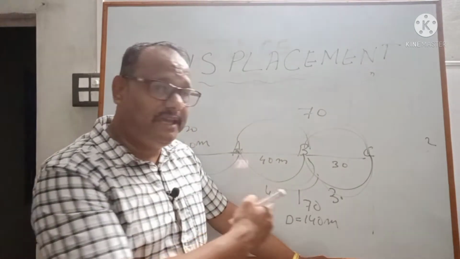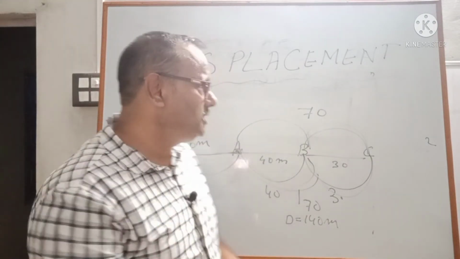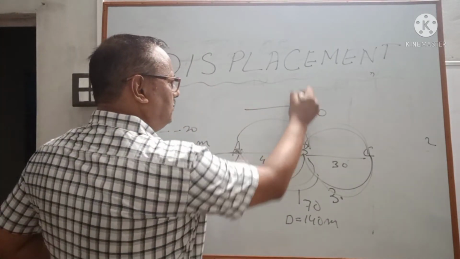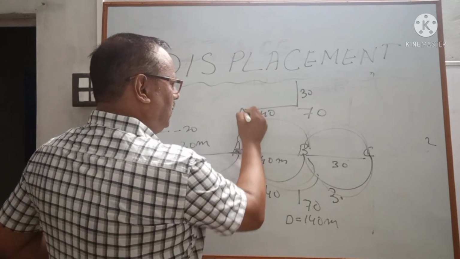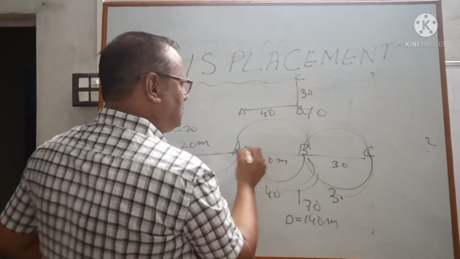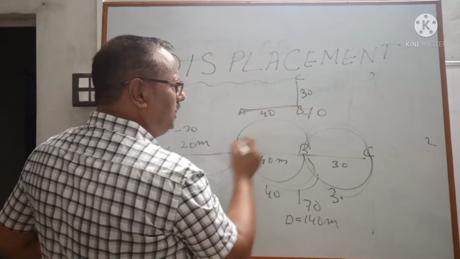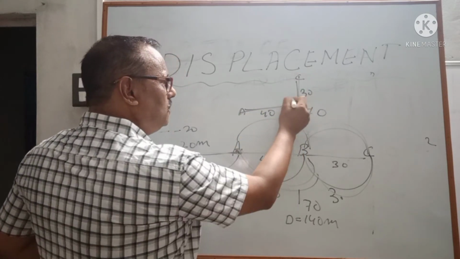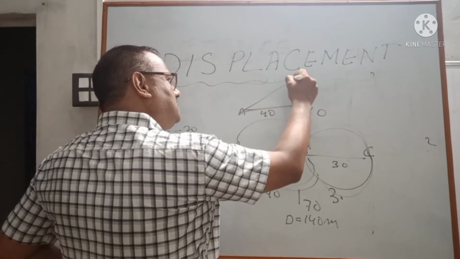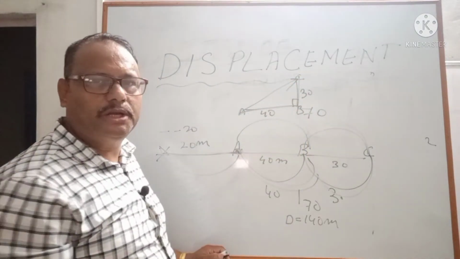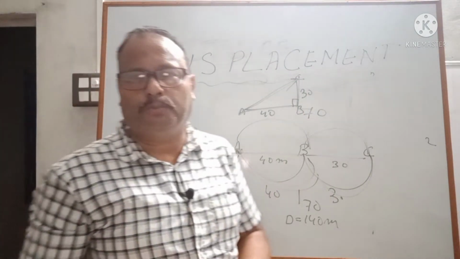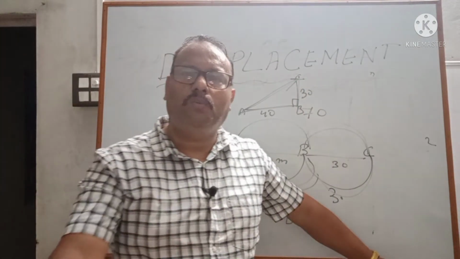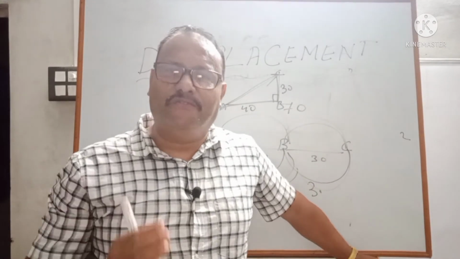If you take the triangle, for example, there was 40 and 30, suppose we assume A to B is 40, B to C is 30. Now AC is the shortest distance between the 2 points, so AC has a direction.